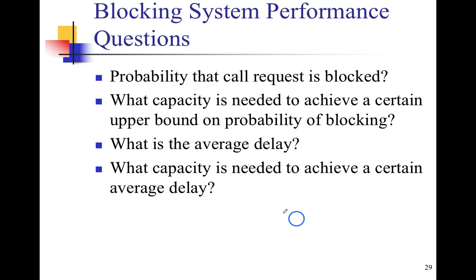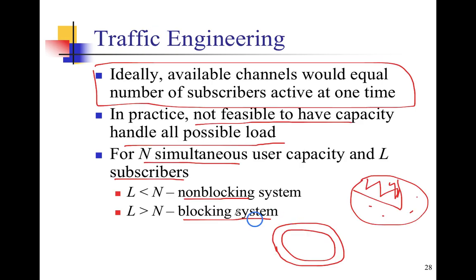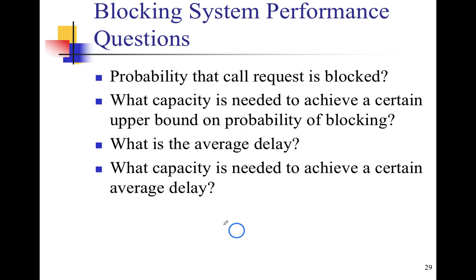Blocking system performance questions. What is the probability that a call request is blocked? If you want to do the blocking system, and your system is in this situation, meaning that your subscribers are greater than your capacity at the same time, then you have to ask these questions before you develop the system.